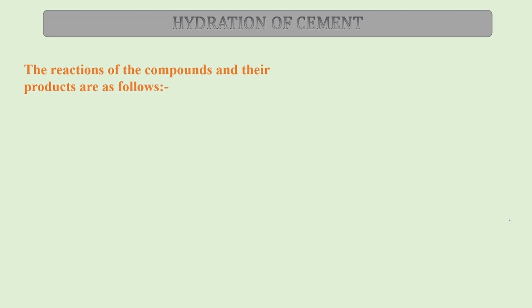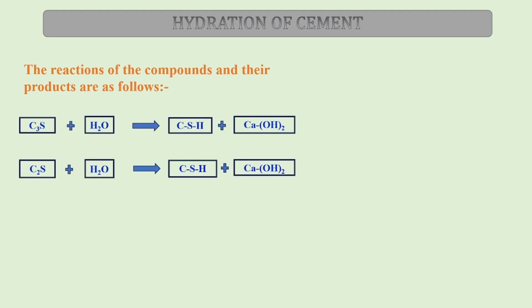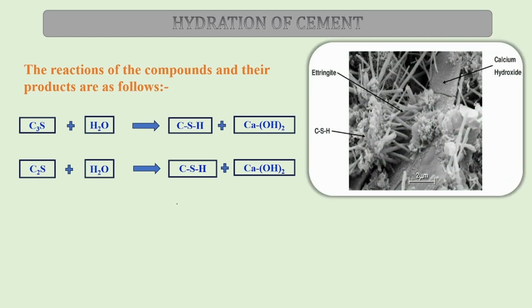Now, if we summarize all the reactions, the following products are formed as mentioned over here. The C3S and C2S react with water and form CSH, that is the calcium silicate hydrate.